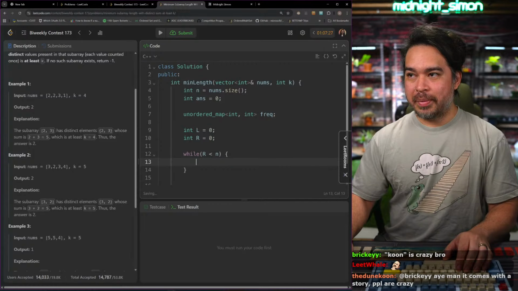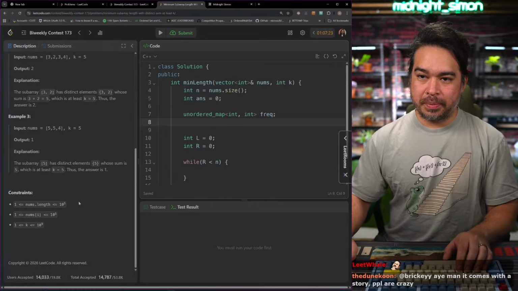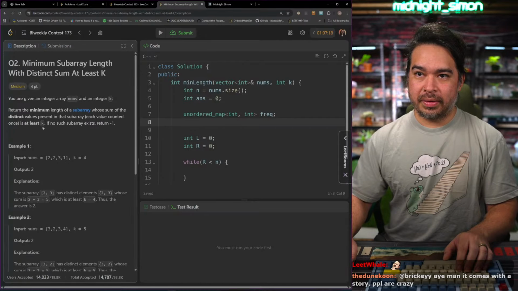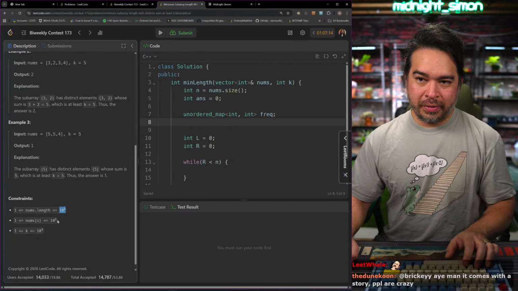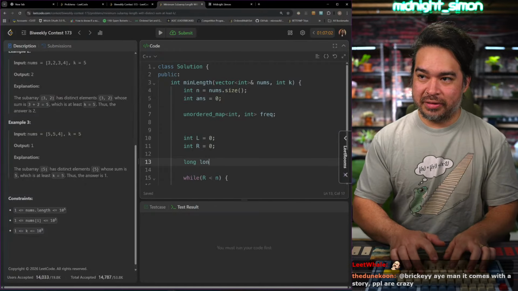So I'm sliding my window. Can the sum overflow? What's K? At least K. Can that overflow? I don't think so. But maybe I'll just use long to be safe.